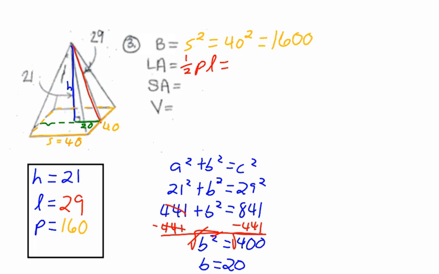Alright, so I plug my numbers in. I have 1/2. The perimeter is 160. The slant height is 29.